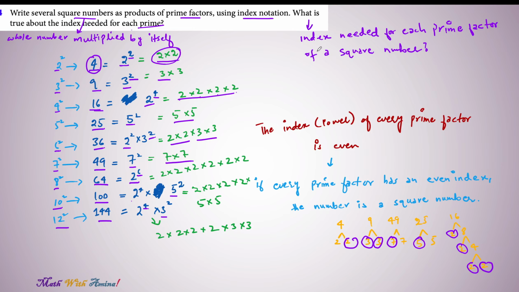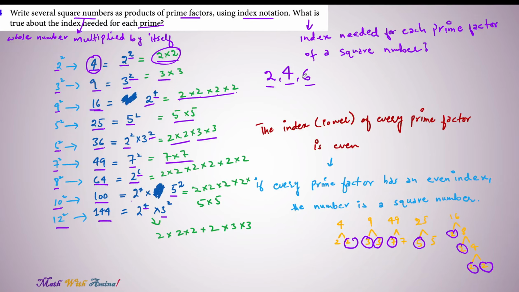What is required for square numbers? So here, if we look at the indices, we have 2, we have 4, as you can see, 2, 4, then we have 6. Yes, all of them are either 2, 4 or 6.